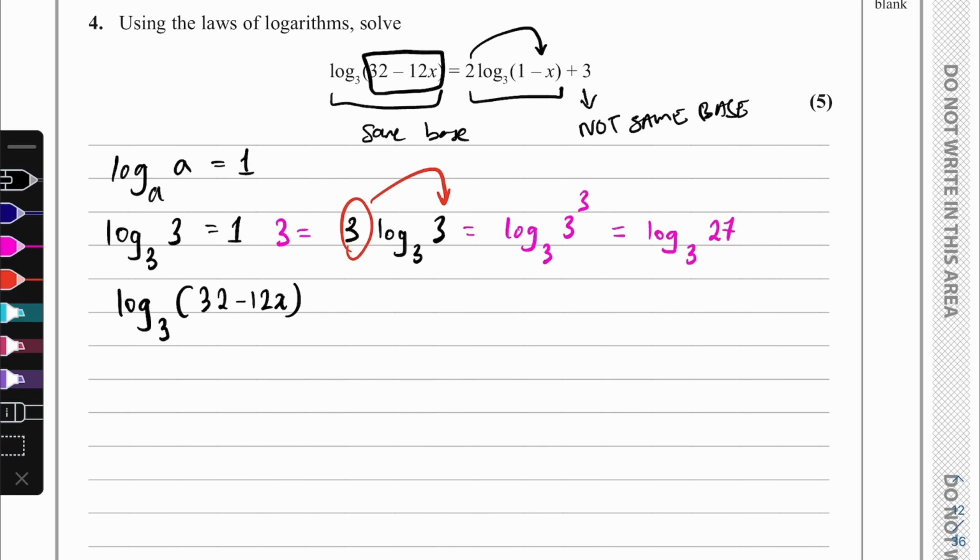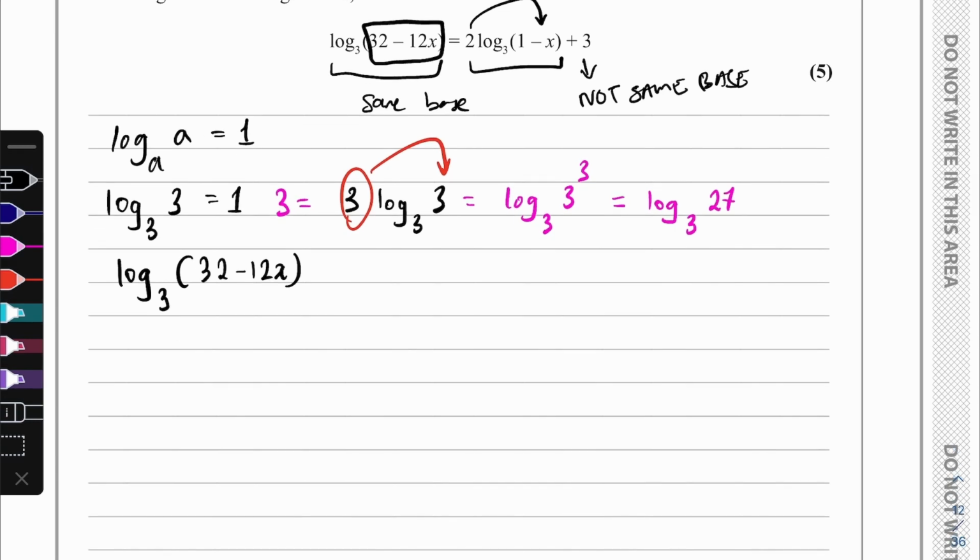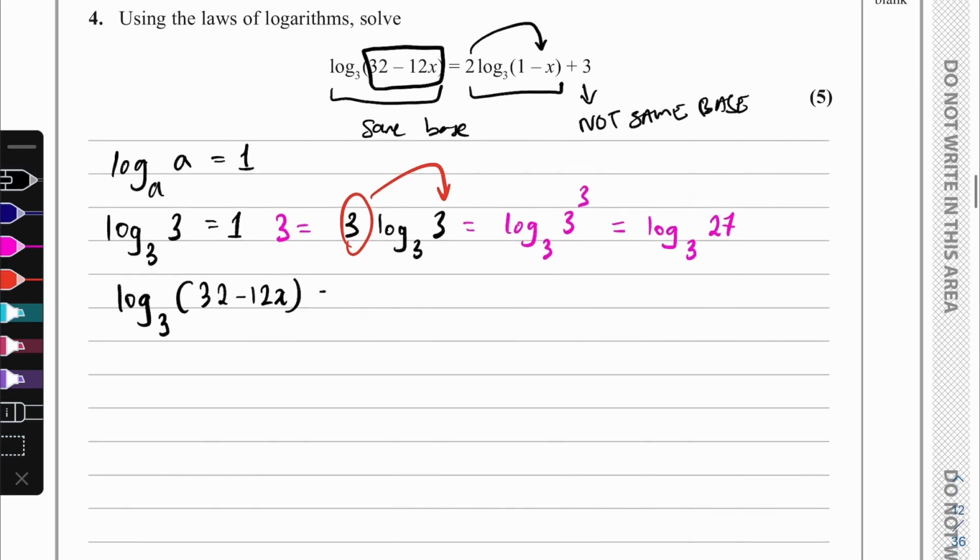It's an expression. If they're not multiplying one another, they're not dividing, so we can't simplify them using the exponent laws. So now we get log base 3 of 1 minus x. We raise the power, so it becomes squared. And now we know 3 can be written as log base 3 of 27.